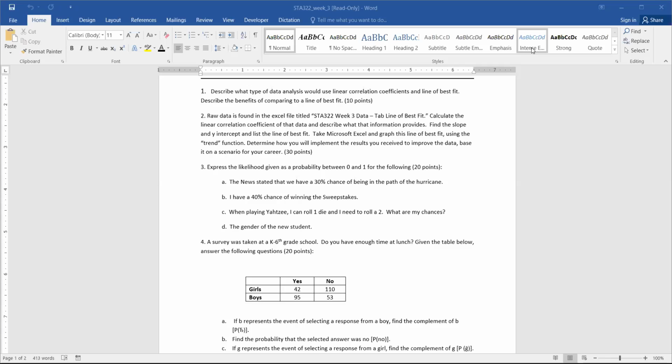So again, we have to read the question carefully and then ask ourselves, what is the population? I mean, there are 300 students. That's our population in this study. It may be a sample, and it probably is only a sample at a K-6 grade school.